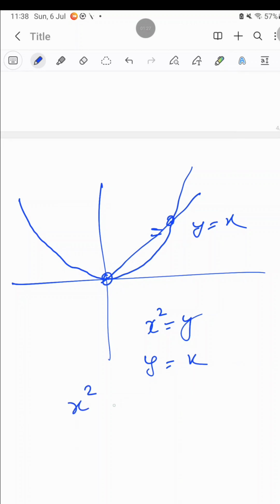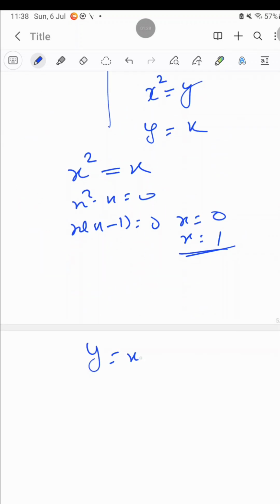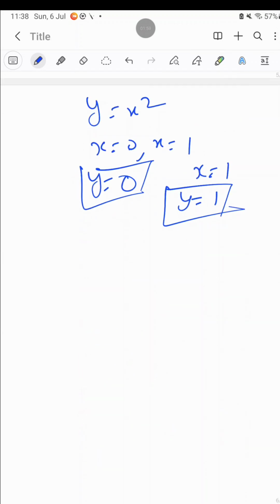Now x square equal to x, so x square minus x equal to 0, x times (x minus 1) equal to 0, and x equal to 0 and x equal to 1. So in y equal to x square, the 2 fixed points are x equal to 0 and x equal to 1. You can see, if x equal to 0, y equal to 0, and if x equal to 1, y equal to 1. So there are 2 fixed points. By this we can explain it geometrically.